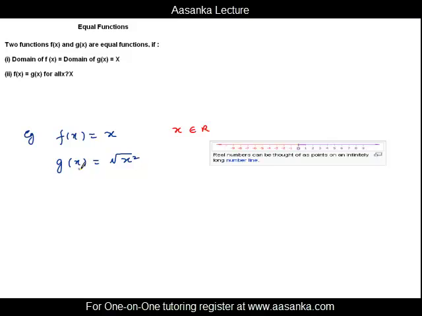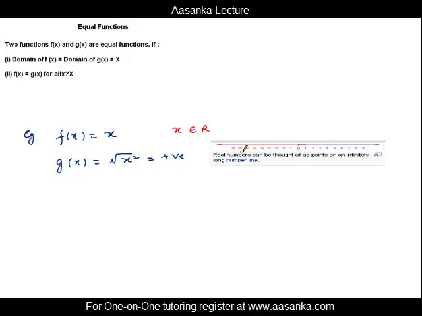Whereas when you see this, what we know is that square root operation on real numbers is always positive. That means this operation will yield a positive real number. So if you put any positive number here, then the range will obviously be positive.